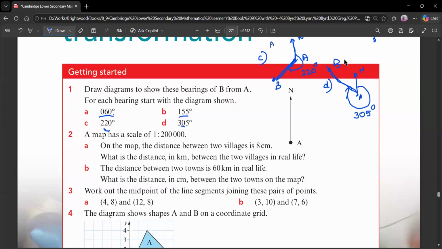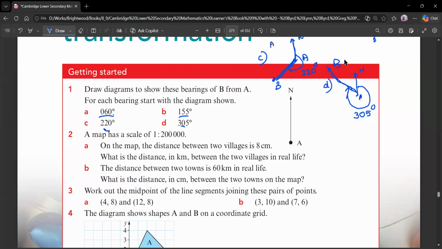Next one. A map has a scale of 1 to 200,000. So 1 centimeter on the map means 200,000 centimeters in real life.